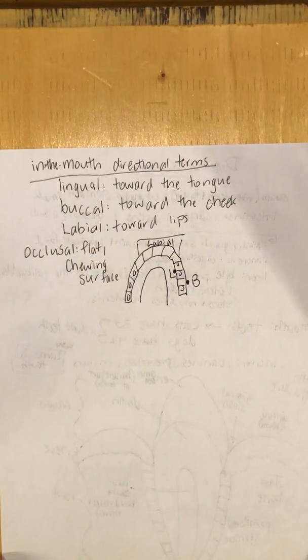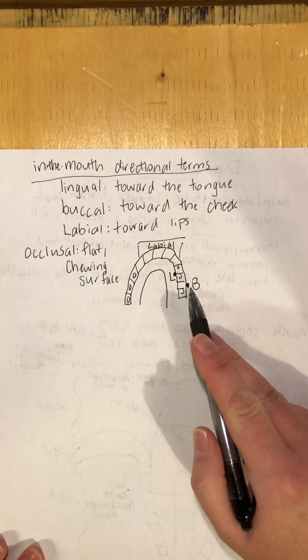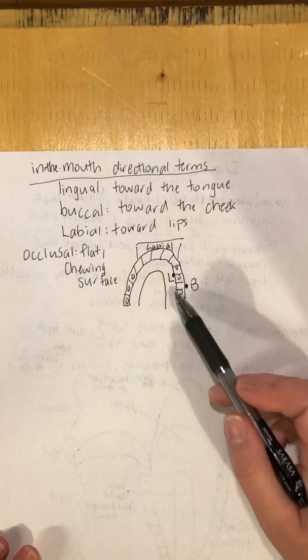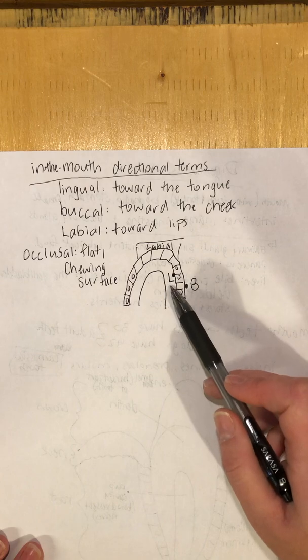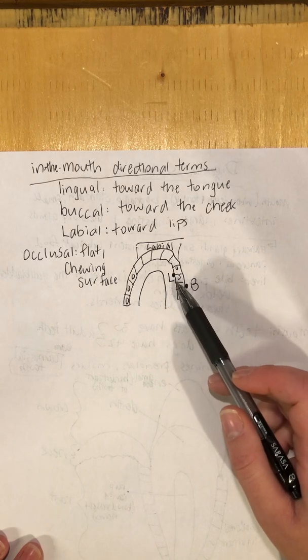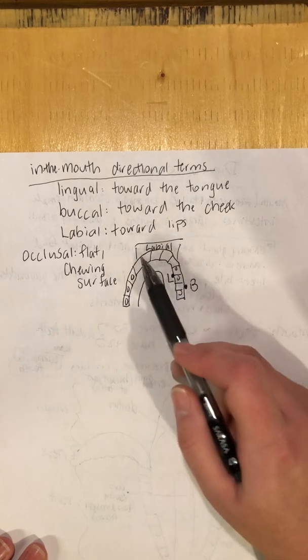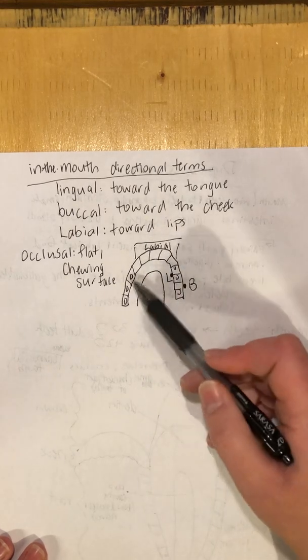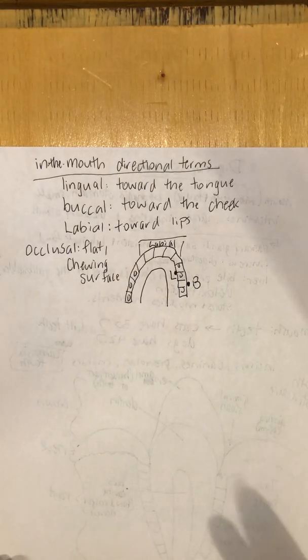So in the mouth, we have specific directional terms so that we can give information about what portion of the tooth. So let's say there's gum recession, it's on the buccal aspect. Or maybe there's a growth underneath one of these teeth, like in the gingiva, we could say it's below premolar 4 on the lingual aspect. Or again, we could talk about the labial or the occlusal, okay? So those are the in-the-mouth directional terms.